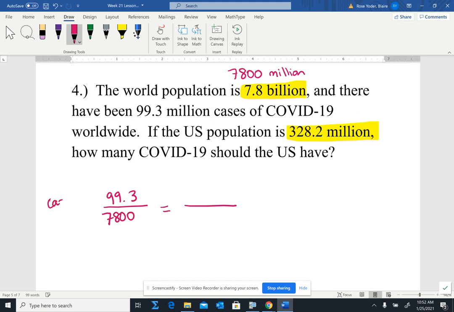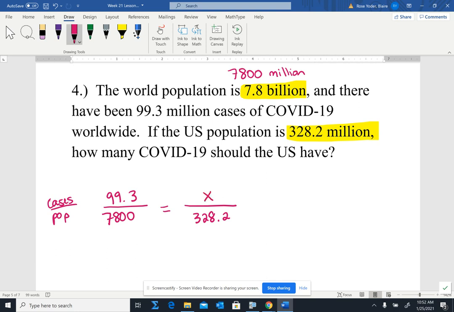So I did cases on top, population on the bottom. That means for my other fraction, I also need cases on top, population on the bottom. The cases is what we don't know. The population is what we do know, 328.2 million. And what I don't know, the number of cases, I'm going to put x.